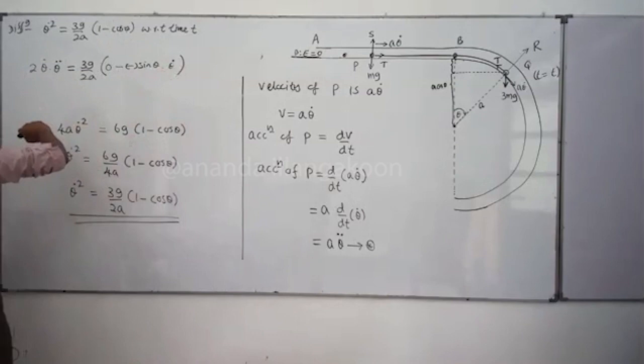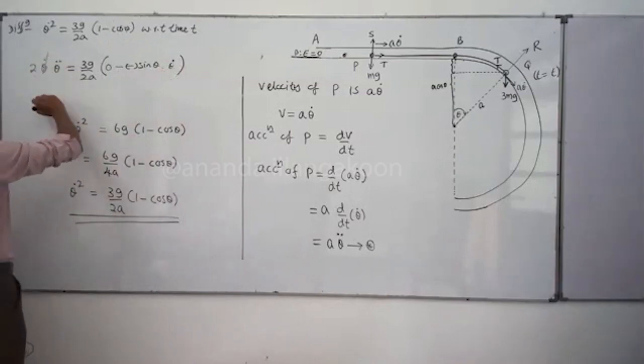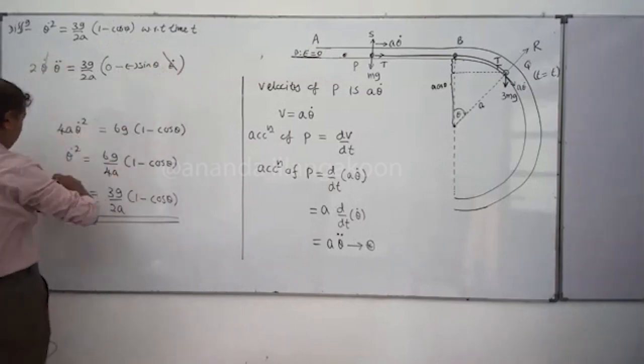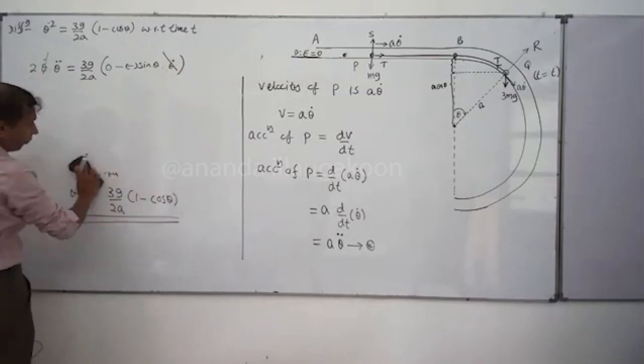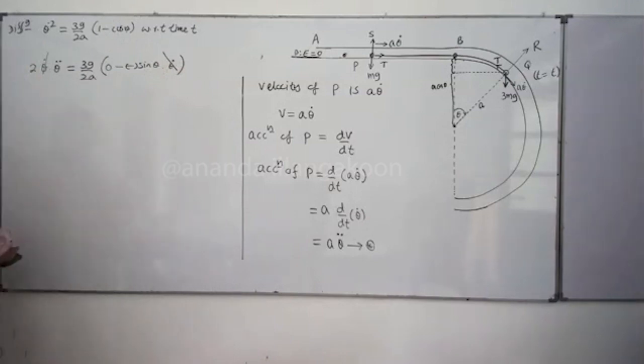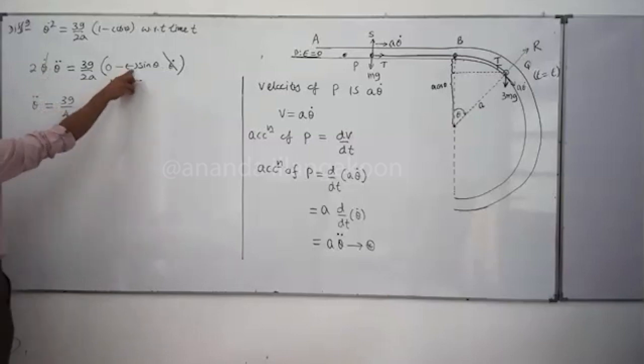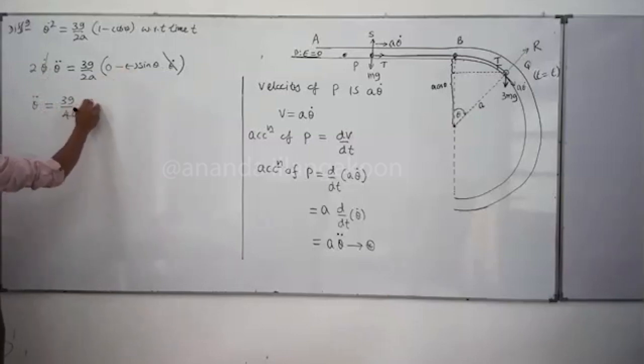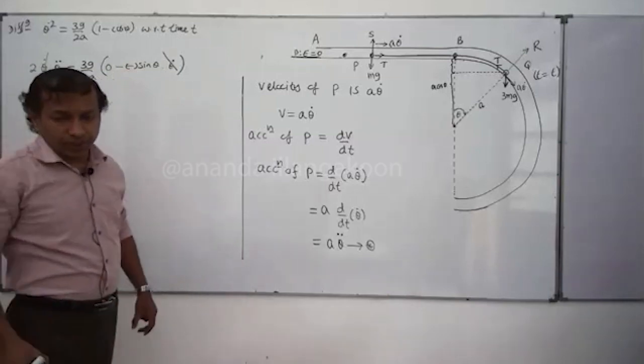Then you can cancel this theta dot with the other theta dot. Bringing the 2 over, we get theta double dot is equal to 3g divided by 4a, and minus minus gives plus, sine theta. This is the answer for theta double dot.